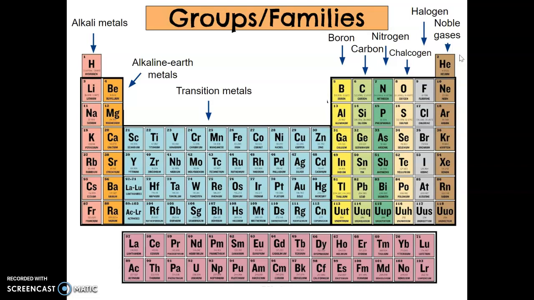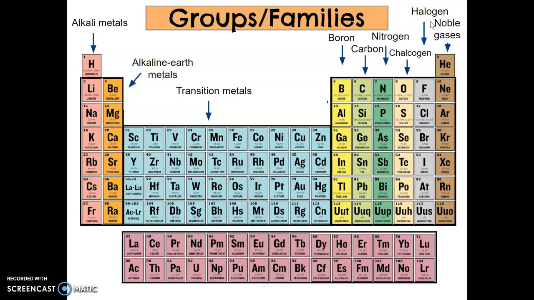For now, because we're just learning the table, your job is to be able to identify what group each element would be in. So for example, if I said, let's say fluorine. Fluorine's right here. If I gave you fluorine and asked you to tell me what group it's in, you would just have to be able to tell me, oh, fluorine is in the halogen group.